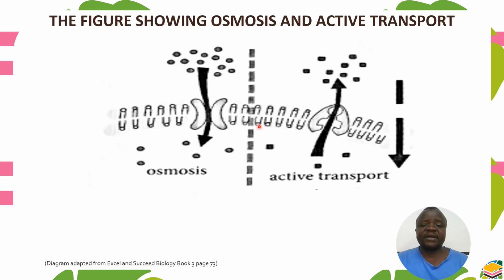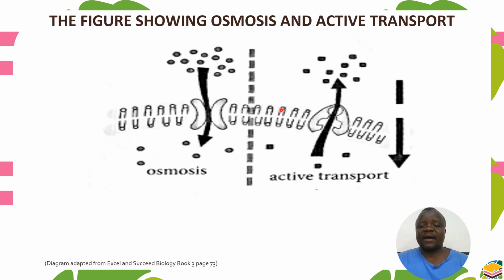The figure here just illustrates osmosis as well as active transport taking place. You can see this figure shows a semi-permeable membrane. On this side, we show water molecules, and they are moving through this semi-permeable membrane to this side here.